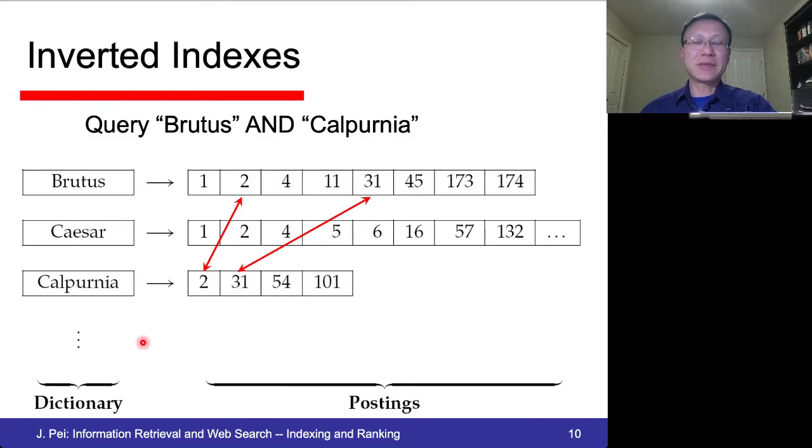Essentially, this is something like looking at a dictionary physically. It contains a list of terms, and for each term, we have the list of postings, which represent the information about which documents contain the word, and more information can also be attached to the posting list.